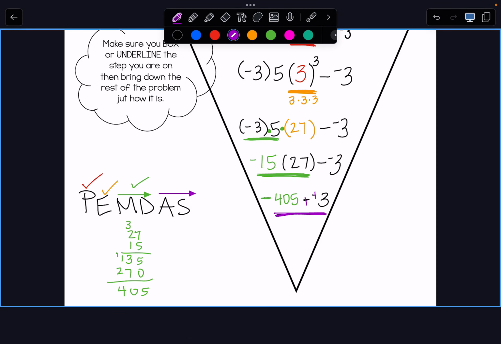So we're going to add the positive 3. So now we have negative 405 plus 3. Negative 402. We're negative, and then we go 3 in the positive direction.